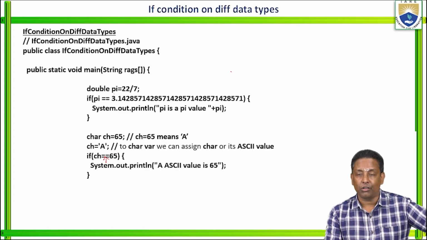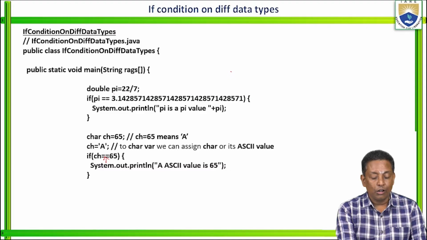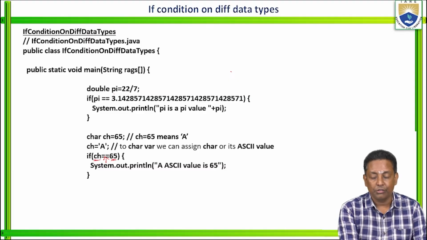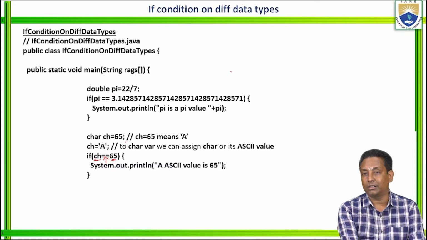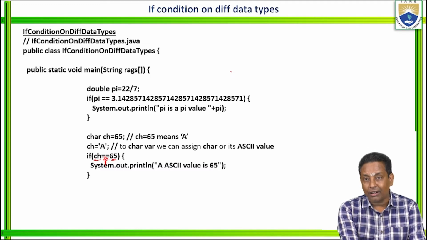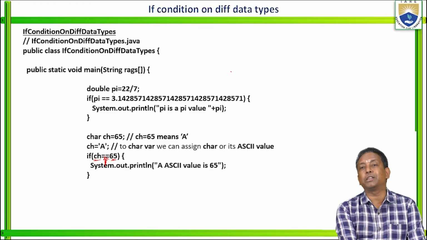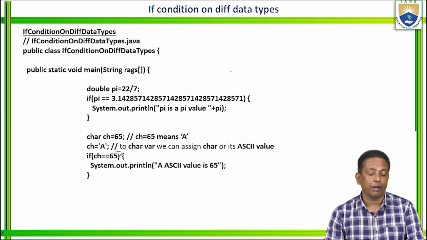Equal to, not equal to, less than or equal to, greater than or equal to are all called relational operators. This relational operator compares two variables, two values or two operands, checking the relation between them. So equal to is a relational operator.